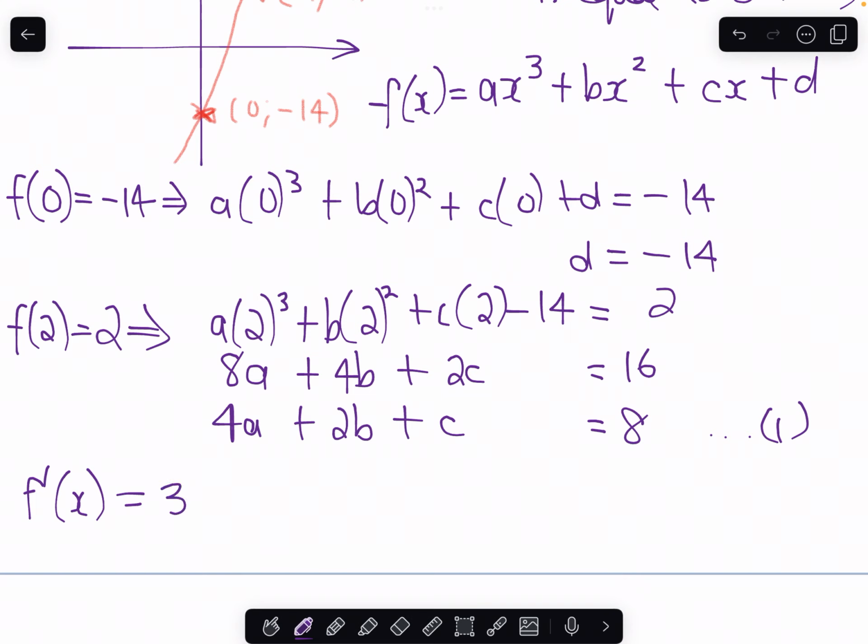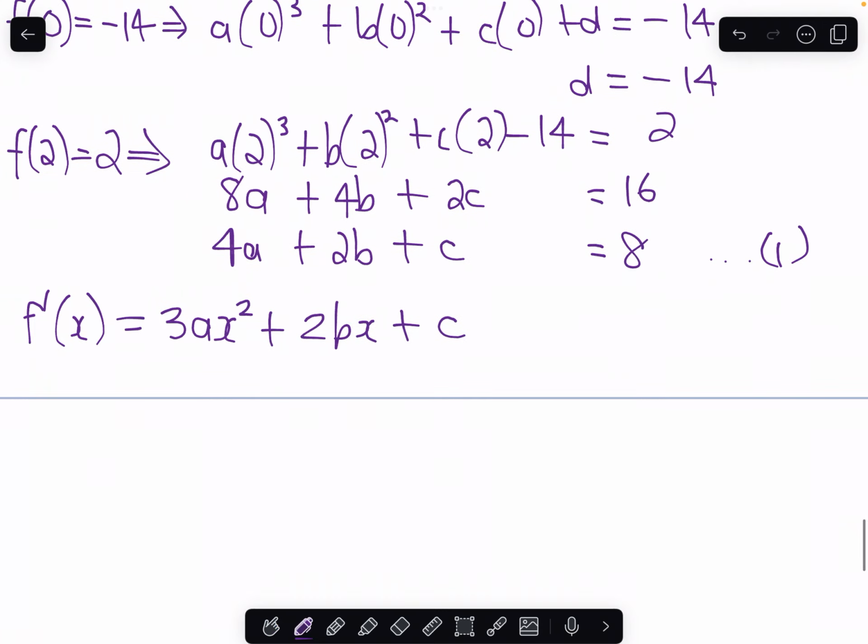So that's 3ax squared plus 2bx plus c. Now, we know that when x is equal to 2, we get 0, right? So sub that in.